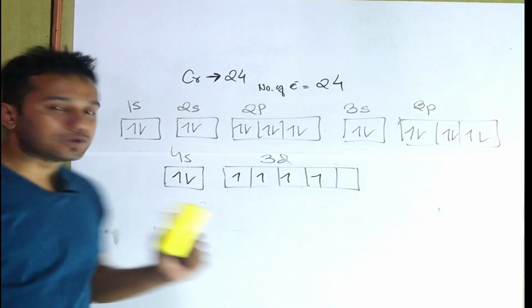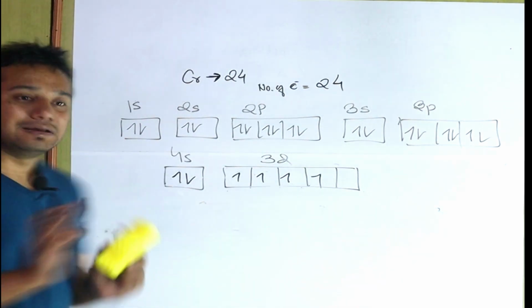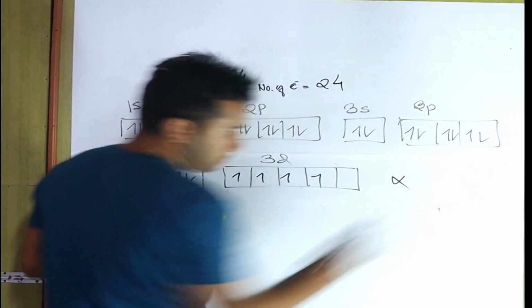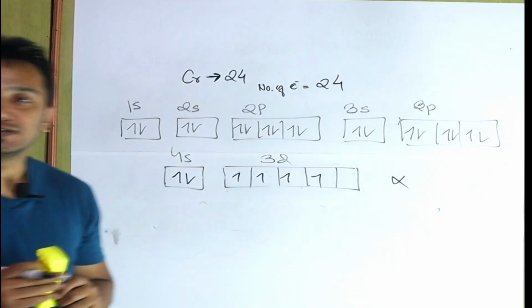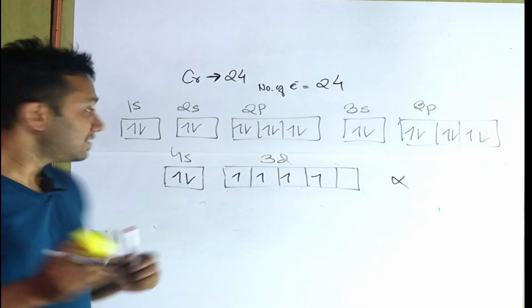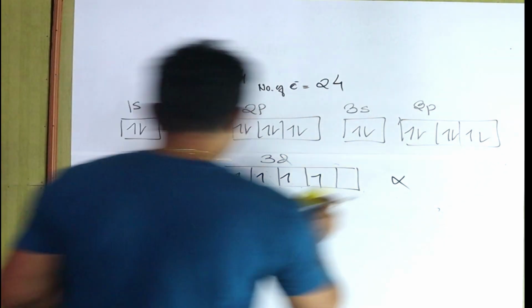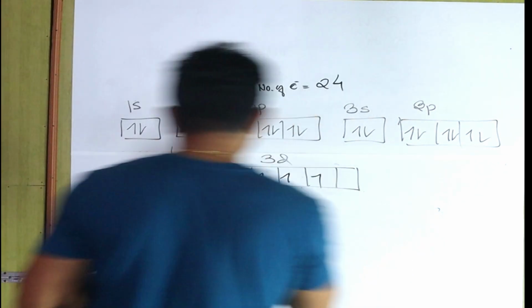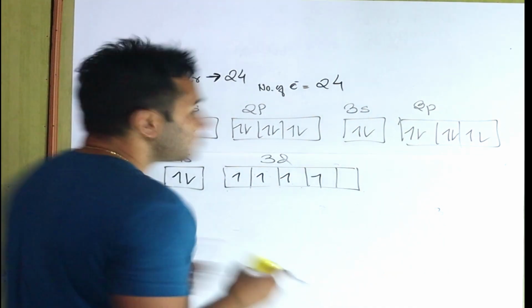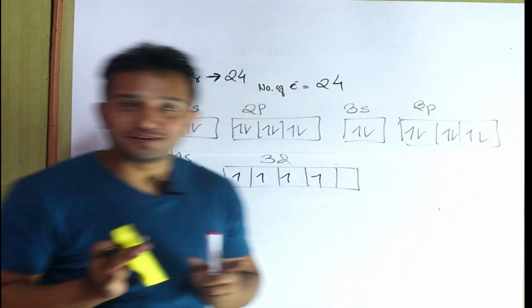So I have filled 24 electrons, but this is wrong. I cannot fill electrons in this way for chromium. Why? Because chromium is exceptional.